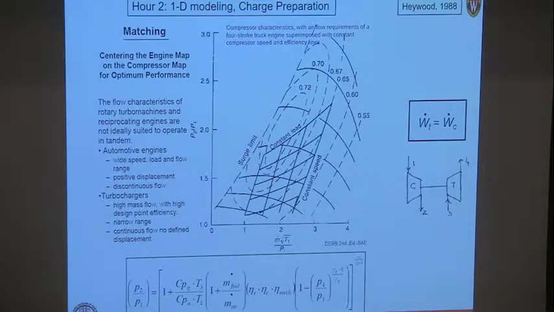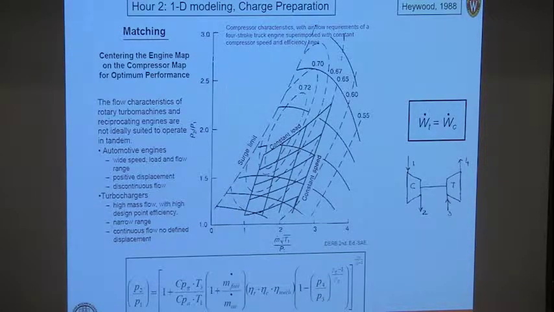So here's matching of the compressor chart and the breathing lines that I showed you before. Here's our pressure ratio. Here's our corrected mass flow rate. You can see the surge limit here. Here we have the choked lines for different speeds of rotation of the compressor.